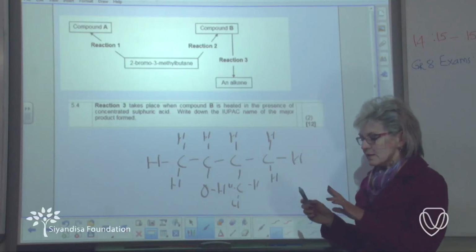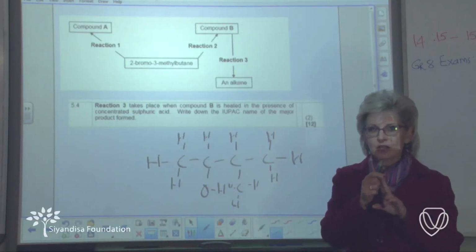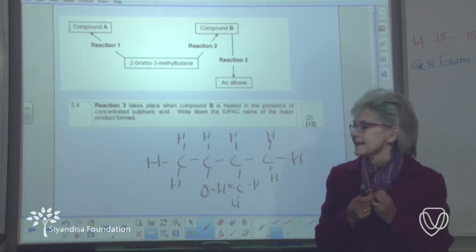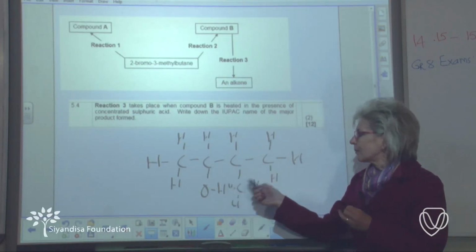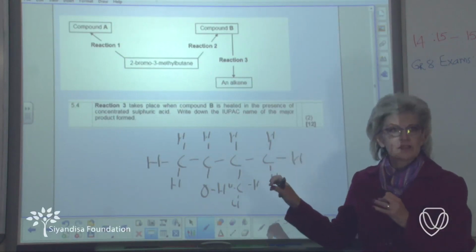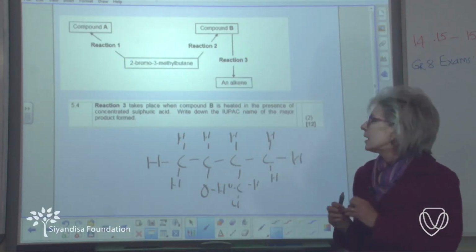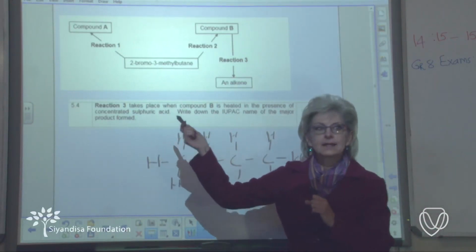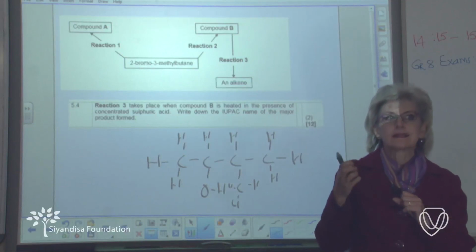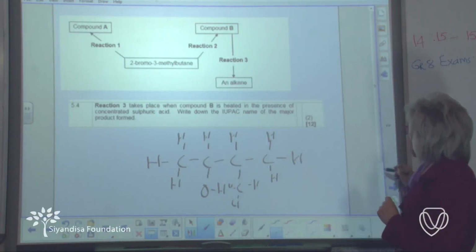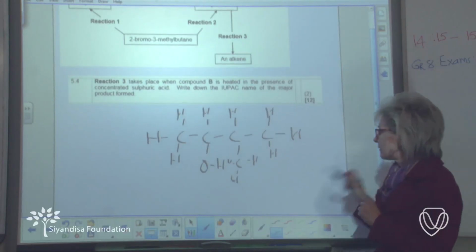Once more, with concentrated sulfuric acid, you've got two reactions. The one is if you add an alcohol with a carboxylic acid. So here we do have an alcohol, but we do not have a carboxylic acid, therefore we do not do esterification here. Now the only other one between your alcohol and having concentrated sulfuric acid is where we use the acid as the dehydrating agent. So now the sulfuric acid needs to remove water from it.